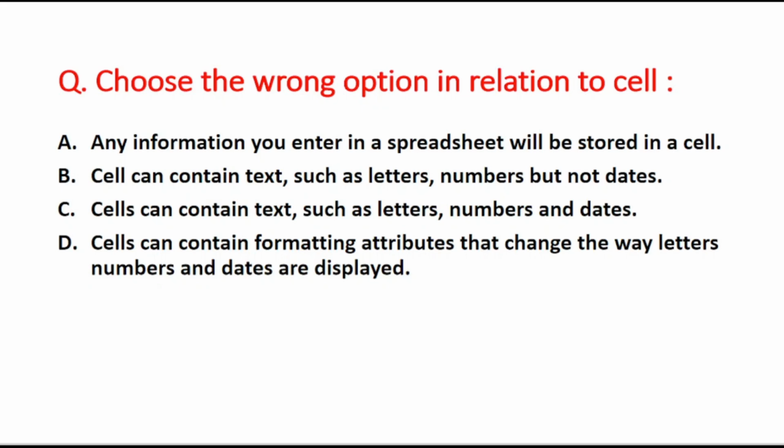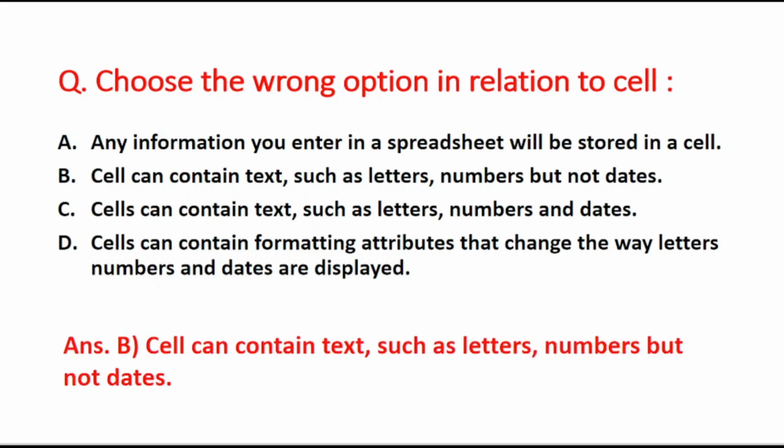Here B and C options are contradictory to each other. And last option is cells can contain formatting attributes that change the way letters, numbers, and dates are displayed. So the wrong one is the option B, that is cell can contain text such as letters and numbers but not dates. क्योंकि cell में आप date को भी enter कर सकते हो. Okay, so B option is the incorrect.